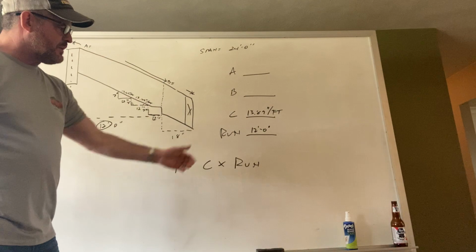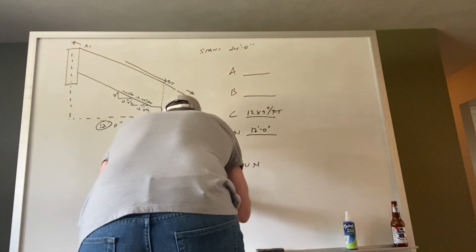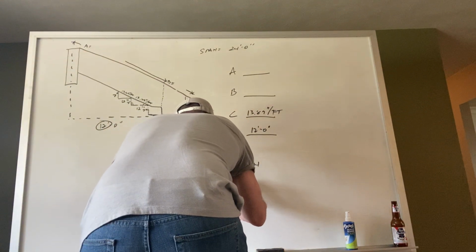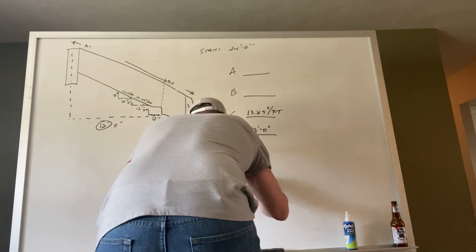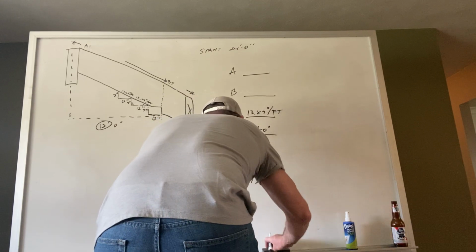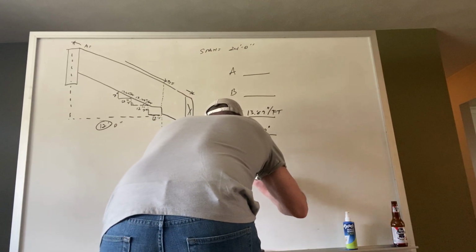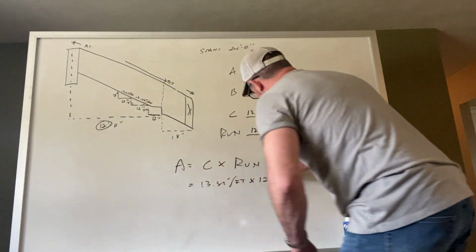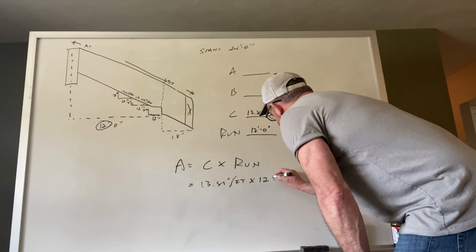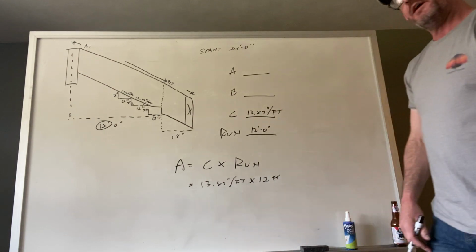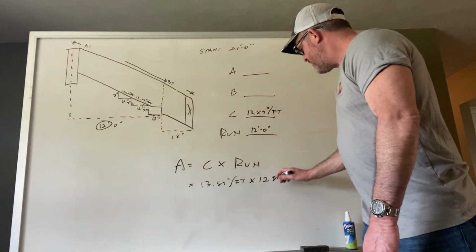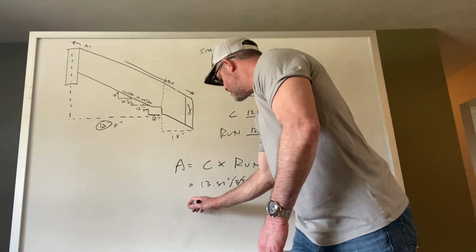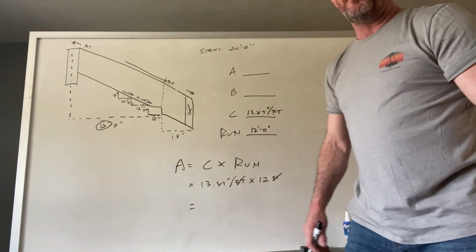So A equals C times run. That means I've got 13.89 inches per foot times 12 foot. Now what happens? My feet cancel. I say 13.89 times 12.